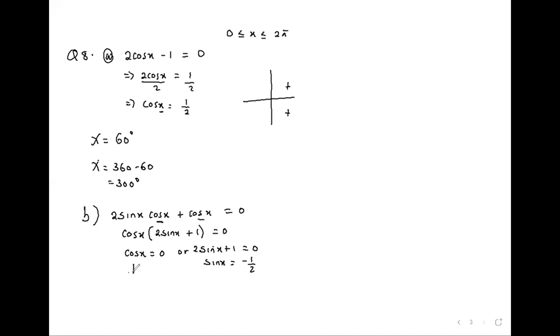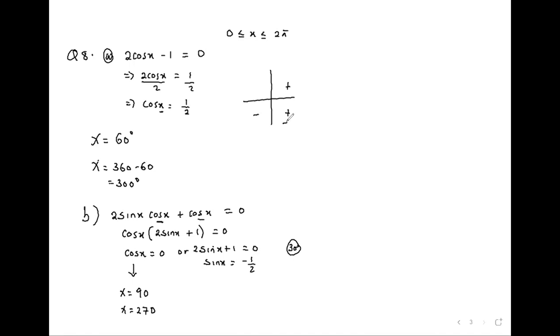So here, x is going to be what? Where is cos 0? At 90 and 270. And then for sine, you start by going where sine is positive half, at 30. Now look for the quadrants where sine is negative. Sine is negative here and there.